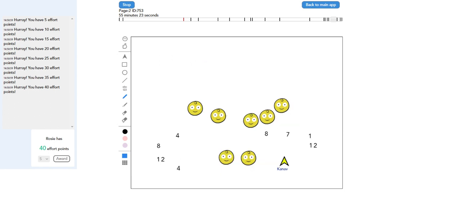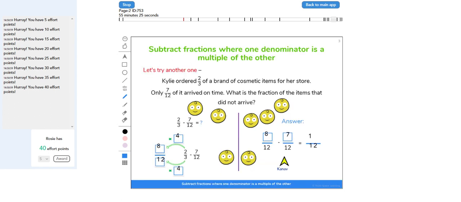And what we did on this slide? We showed how you times it by how many multiples you had to times it by.